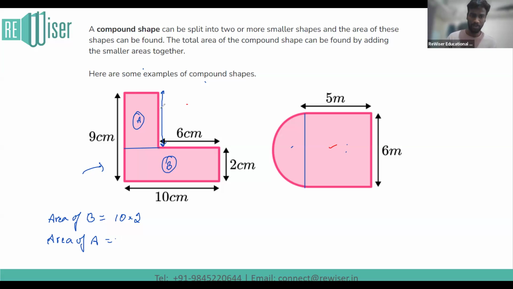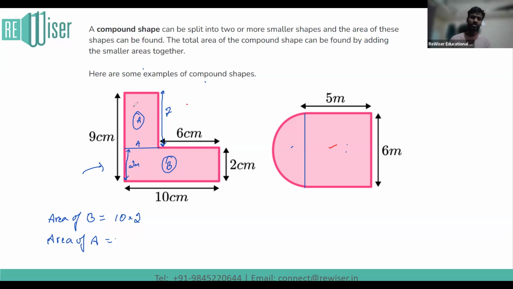I couldn't hear you properly. For this rectangle, this is 4 and this is 7, right? Because the overall height is 9 centimeters and we know this is going to be 2 centimeters. Because B is a rectangle, opposite sides would be the same.